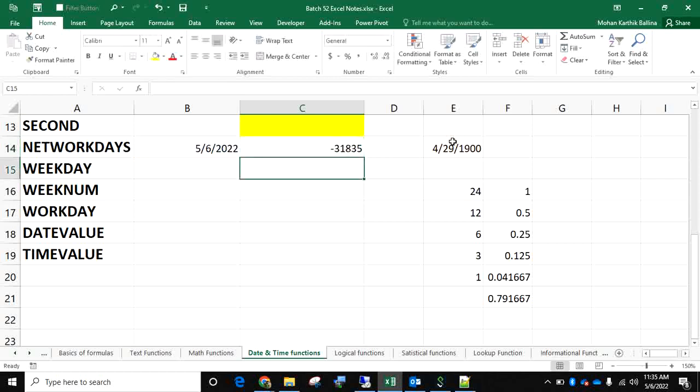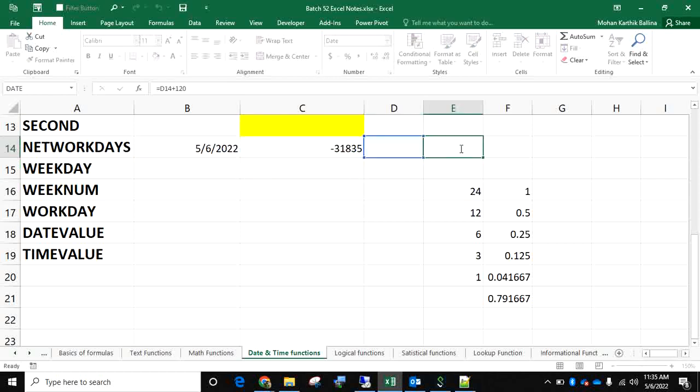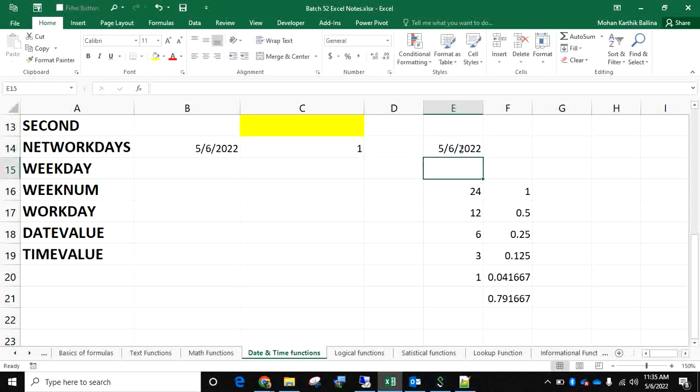Just answer. The number of working days in between two dates. Okay, simple. The number of working days means apart from holidays, weekends. Not holidays, weekends. It removes Saturday and Sunday. Observe.